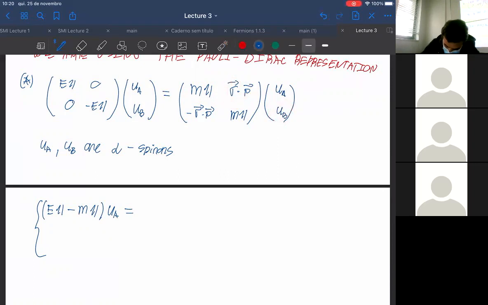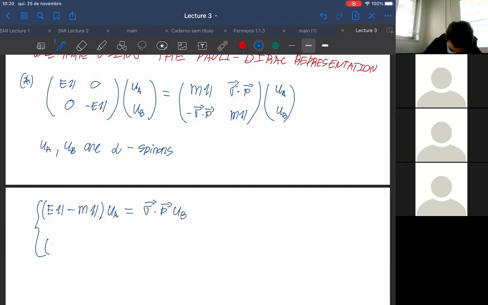So this is going to be sigma dot p UB. And on the other hand, because you have this minus sign here, and there is a minus sign coming from here, and there is a minus sign here, we can put all of them with plus signs. So let's already eliminate the minus signs.